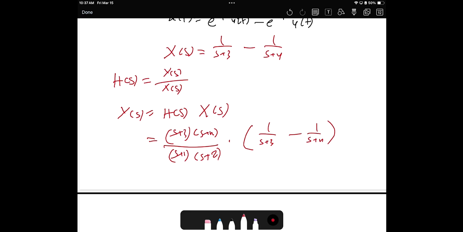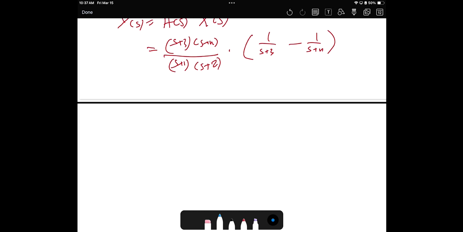Okay, we need to include this to make the product of this one and this one. So what should I do? Let's try to find a way to make the product by s plus 3, s plus 4. Actually we can make the product, multiply both sides.